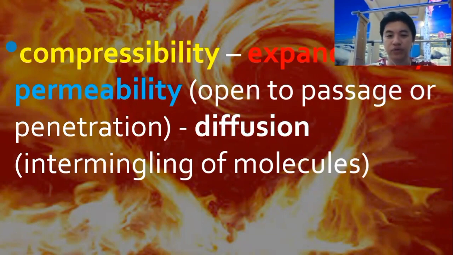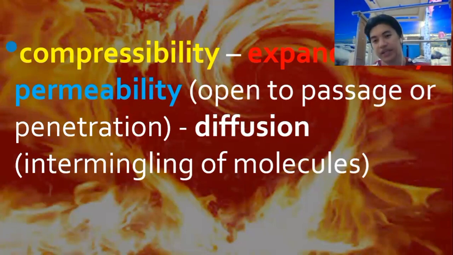And when we say diffusion, there is already intermingling of molecules, division of the molecules into many, multiplication of the number of molecules. Thus, there is already propagation, or the gas will already be scattered in the house, for example. Again, compressibility is when it is still inside the container.